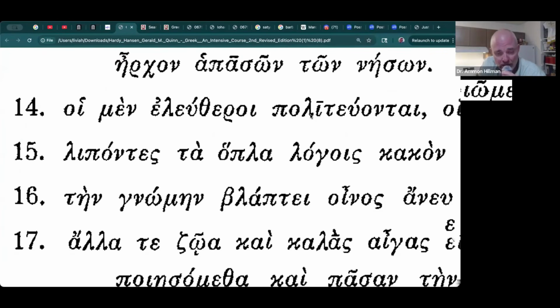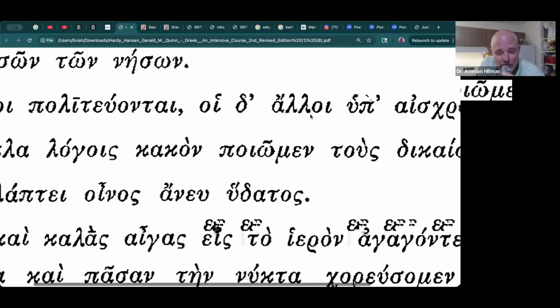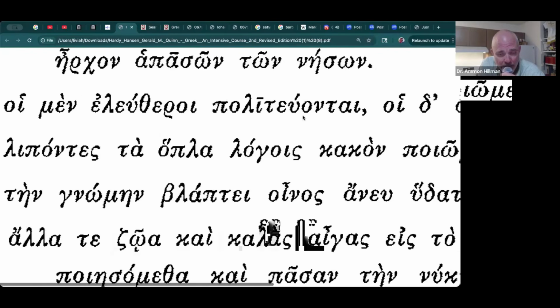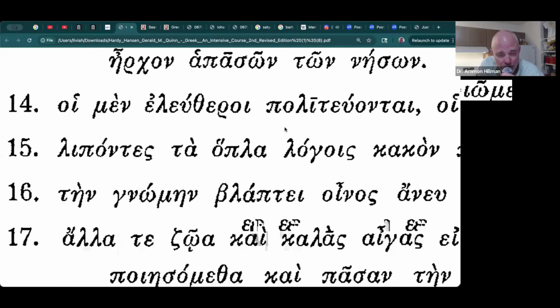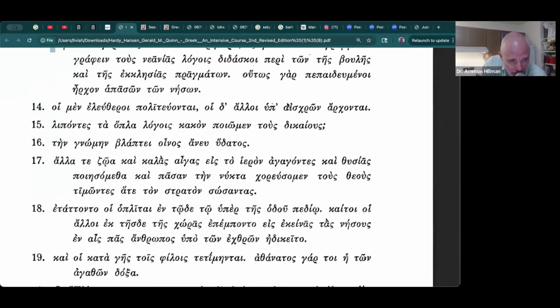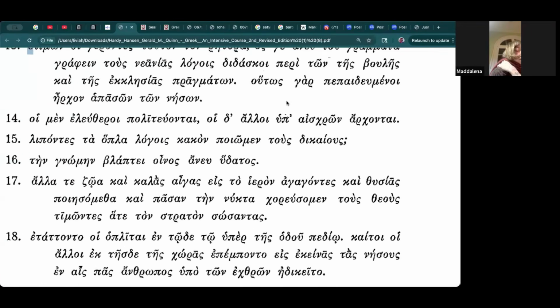Look at number 14. We've got another men and de clause, but this time we've got verbs with it. So try this one. It's not the verb to be. Go ahead.